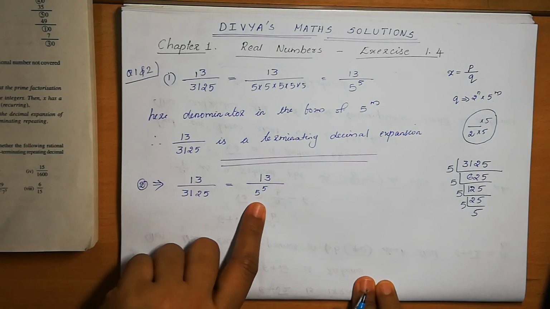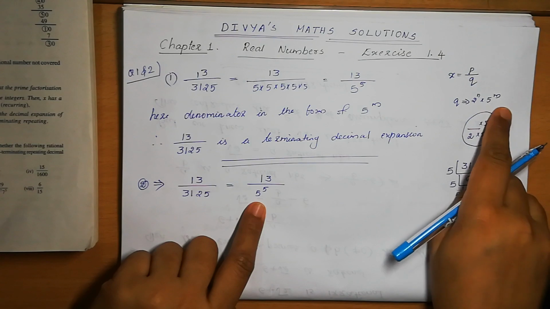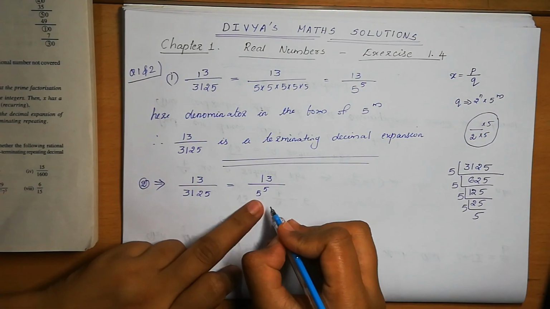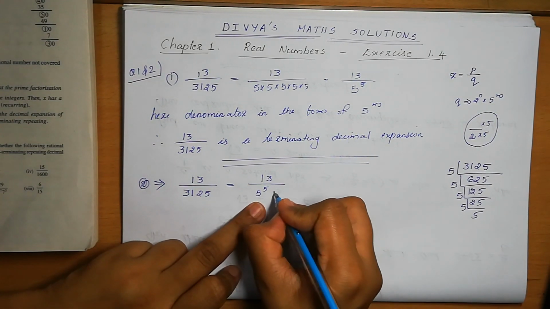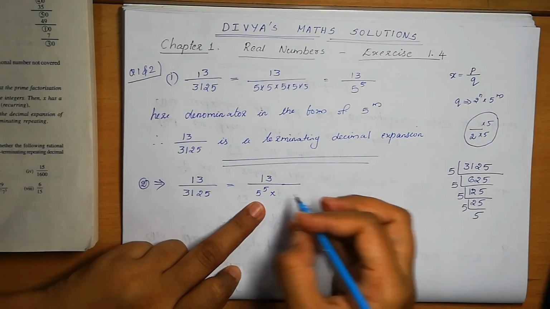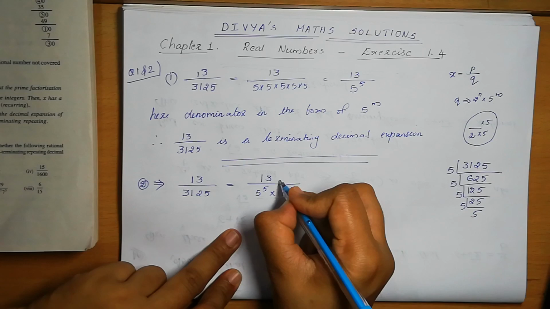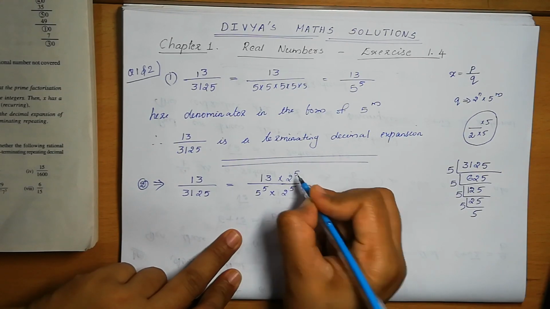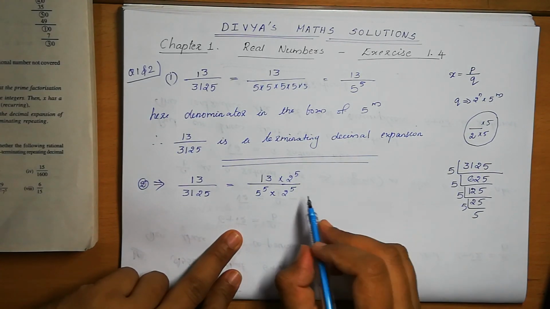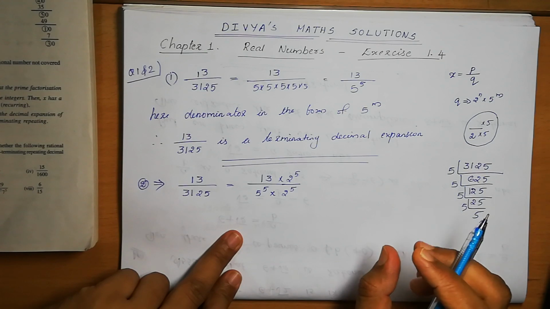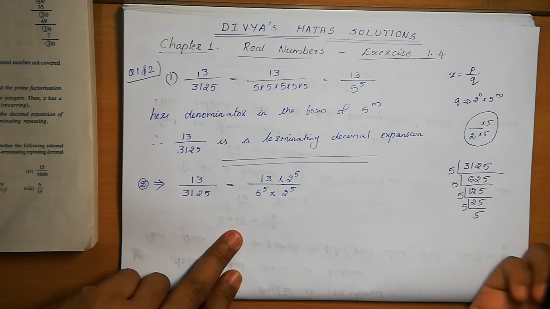The denominator should be in the form of 2 power n into 5 power m. Here only 5 is there, so we need to multiply with the same power of 2. So the power is 5, and we multiply with 2 power 5 in both the numerator and denominator.